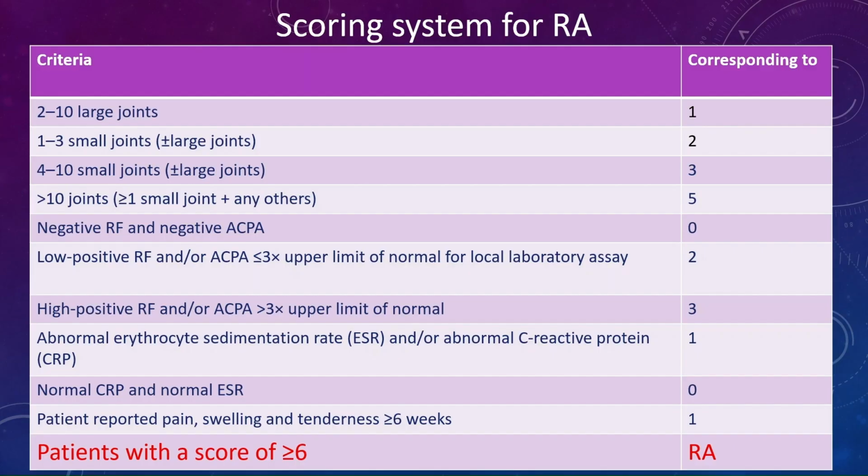Now let's learn about clinical scoring system for RA. There are 10 criteria. After performing a total of each criteria, if the score is more than 6, then we can say that the patient is suffering from rheumatoid arthritis.